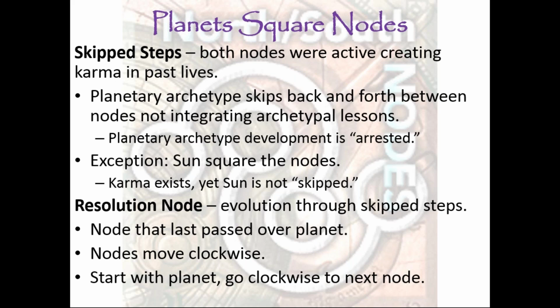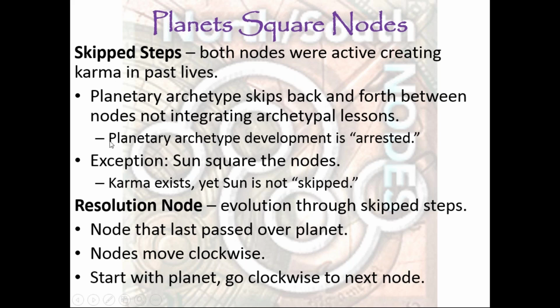North Node has some of the karma of past lives. And the planet or planets that are square the nodes, that archetype skips back and forth between those nodes, not integrating the archetypal lessons of whatever planet or planets are involved.